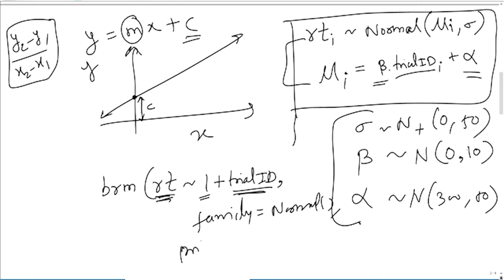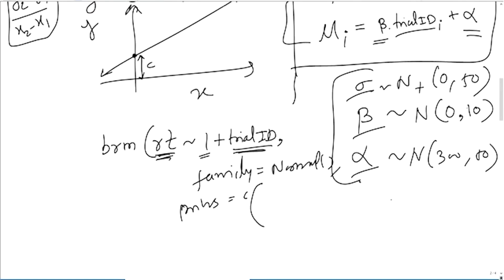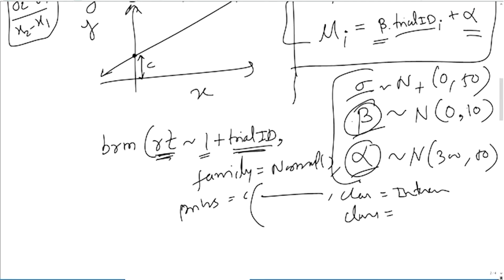And then for priors, you will have 3 priors, not 2. So there will be a prior for alpha, beta, sigma. So you will need to define 3 priors. The first will be for class intercept, that is the prior for alpha. Second will be for the slope parameter.